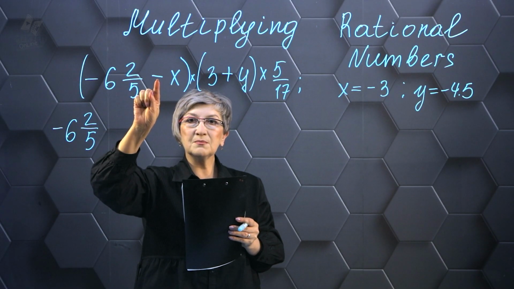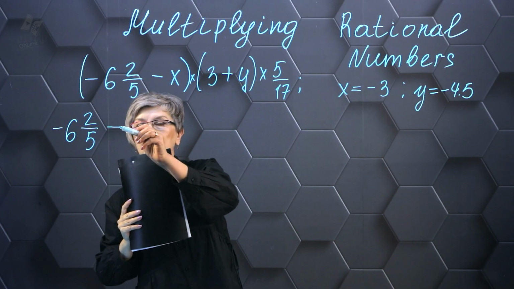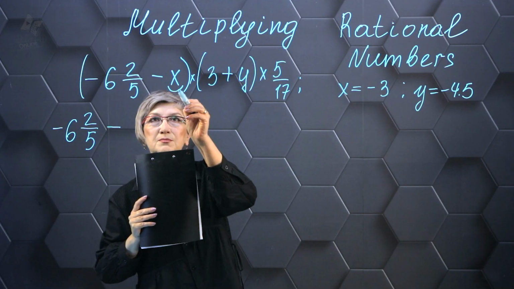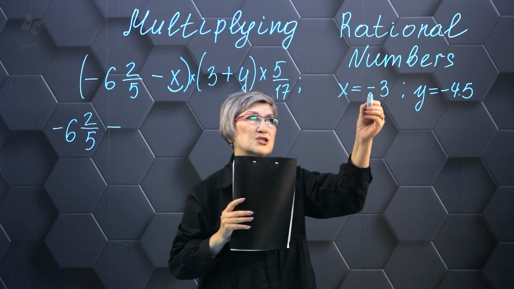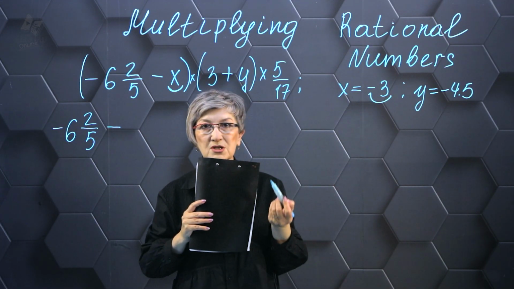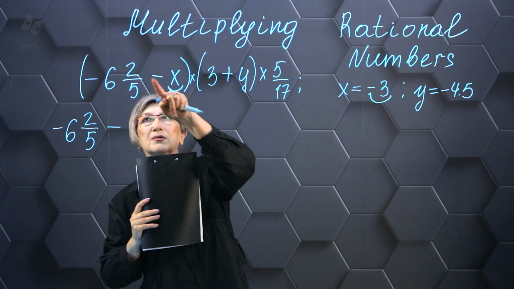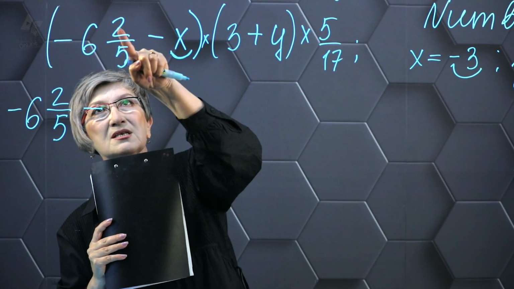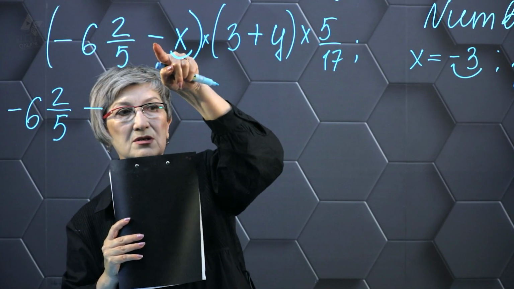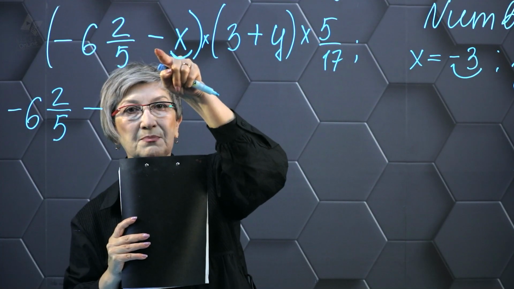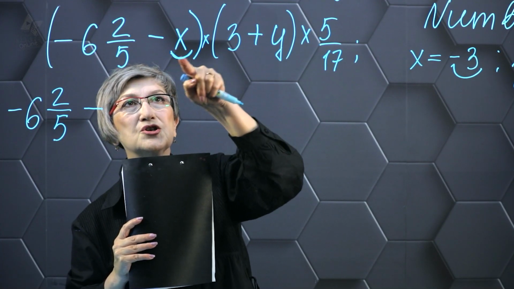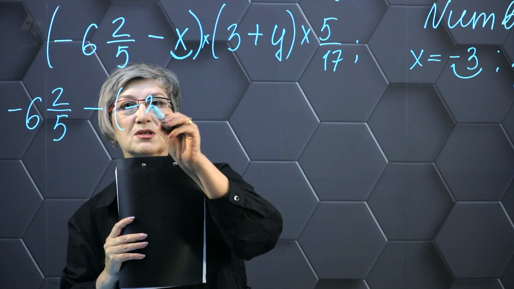Then comes the minus sign. I write it down, and instead of x, I have to write the number minus 3. So, minus 6.25 minus, because that's what's written in the condition. And the number x is minus 3.